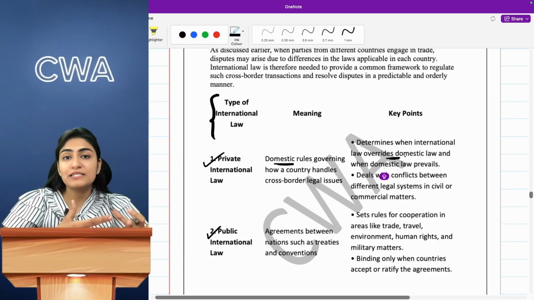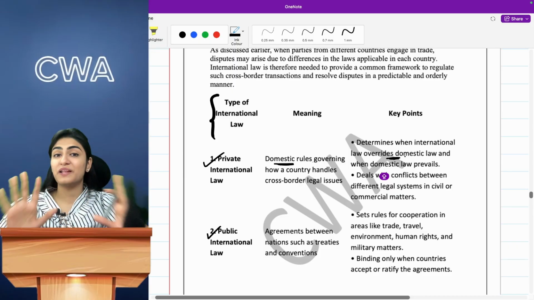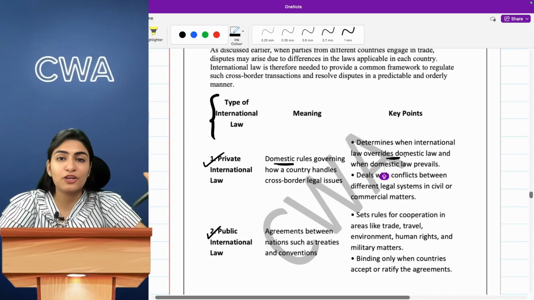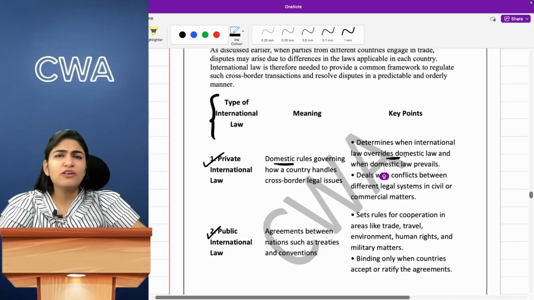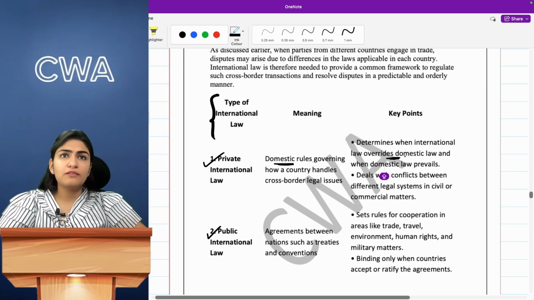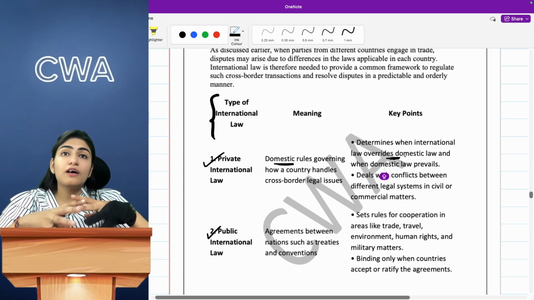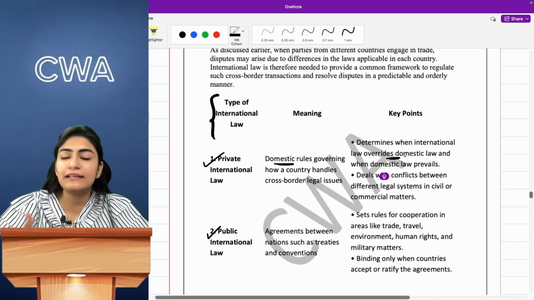So let's say, for example, hypothetically, it is written in domestic law that in a contract you're not supposed to hold payment on credit for more than 90 days.